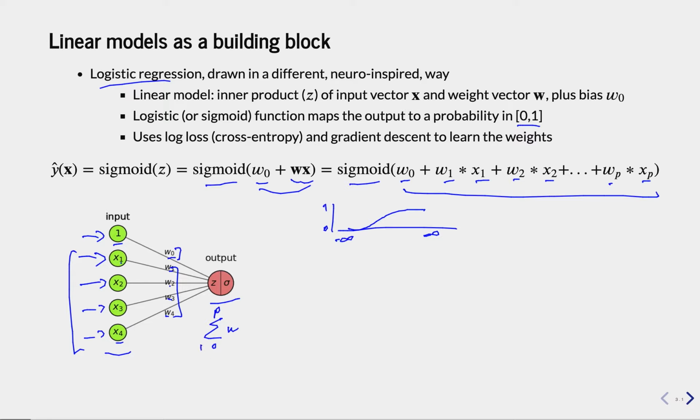Then this is Z. So Z is basically the sum of all the inputs, the dot product plus the bias.